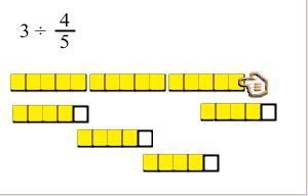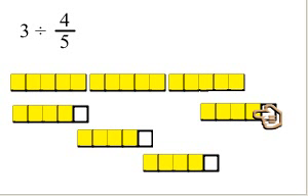So how much of this are the 3 that are left over? And we're working with 4/5. We're working with this segment here. So 3 out of 4.